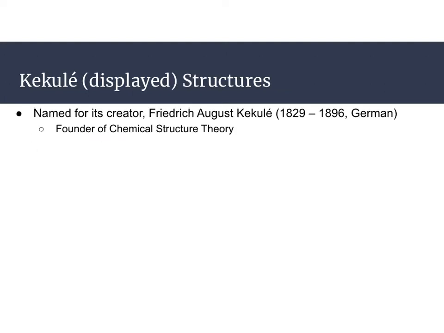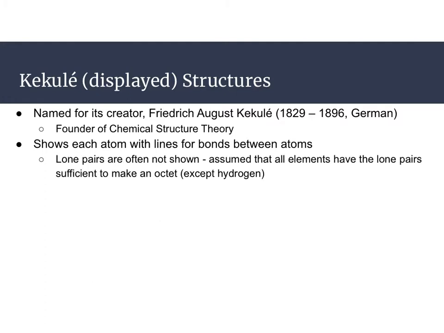So Kekulé structures, they're named for this German guy who basically helped found chemical structure theory in general. And so he was one of the first to have dot structures named after him, like Lewis, right? So these show all of your atoms, all of your bonds between the atoms. They're very, very similar to the Lewis dot structures that you've drawn in the past, except that lone pairs are often not shown.